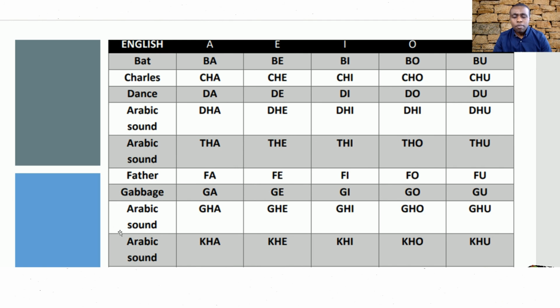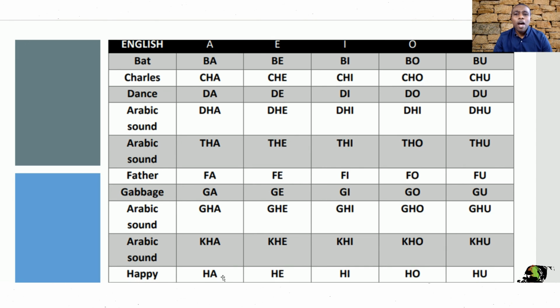Kha, khe, khi, kho, khu. Can you say that? Kha, khe, khi, kho, khu. If you've learned a bit of French or you know how to pronounce such words, that could help. Then we have the ha, he, hi, ho, hu.